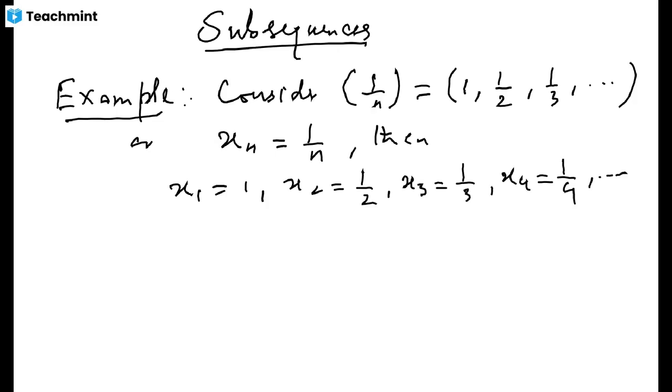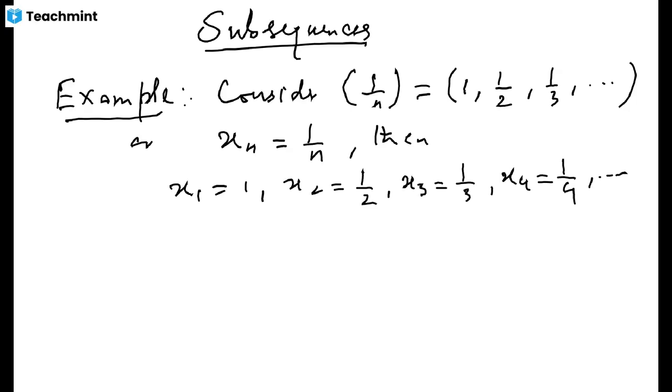So these are the terms of the sequence. Now we have to delete some terms from this sequence, and what will be left to us will be known as a subsequence.